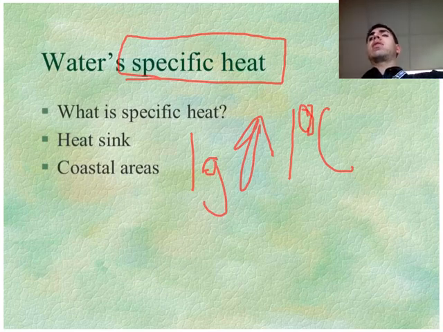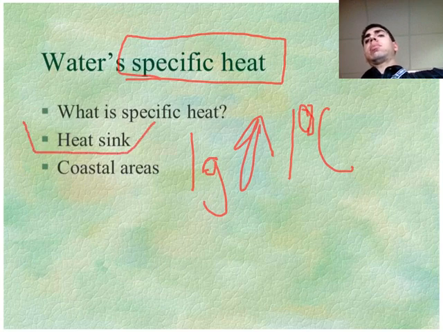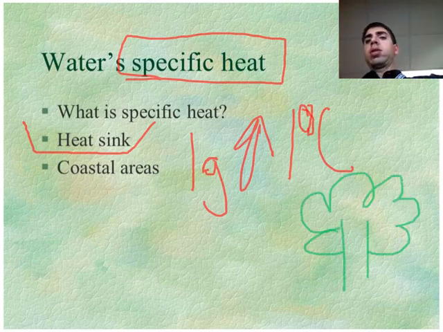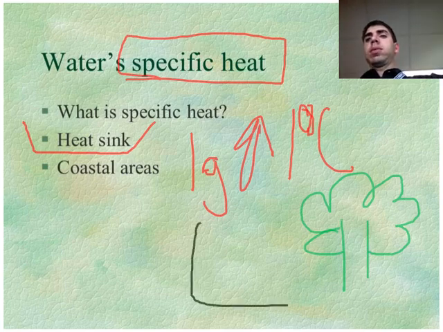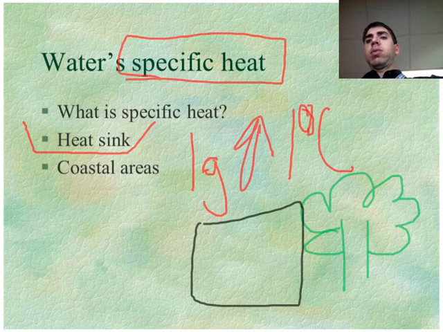So it takes a lot of energy for that to occur. Because of that, we can use water as something like a heat sink. A lot of times, let's say we're growing a plant, so we have this plant here. What we'll do is set up what's known as a heat sink, and essentially a heat sink is some kind of vessel, and in this vessel there will be water.